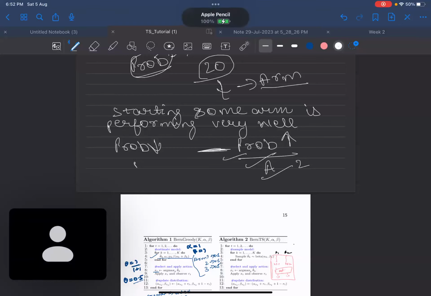Because that probability has gone so high that even if we are updating the beta, that probability is still very high. So it's not possible to cope up with the increased probability. Maybe after many rounds we can cope up with that, but it will obviously take a lot of time and we can't give that guarantee as well. Got it.